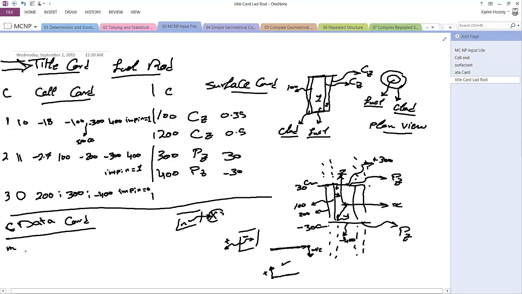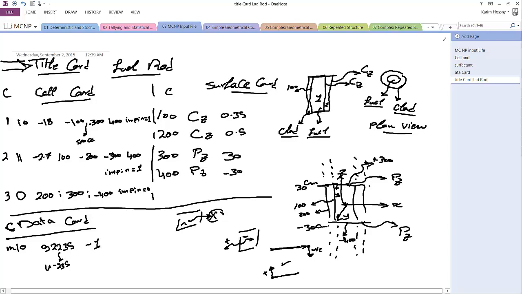First I have to describe the material. M10 will be, sorry, this is the code for U235. You can find it in the manual volume 1, the code of each isotope.